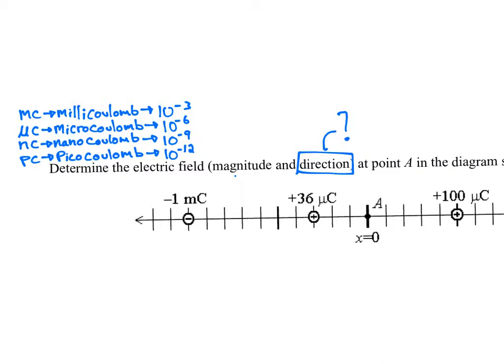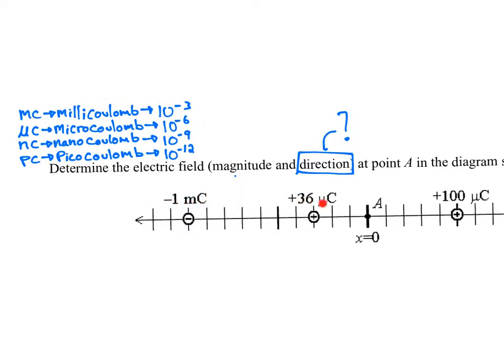And positive exponents have their own name as well. Like kilo is times 10 to the positive third. Mega is times 10 to the positive sixth, etc. So we have 1 millicoulomb here, negative 1 millicoulomb. That is negative 1 times 10 to the negative third.